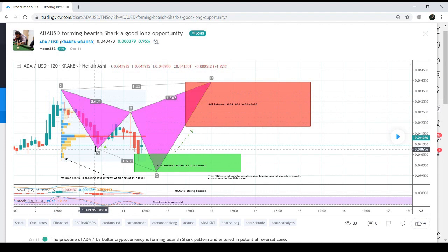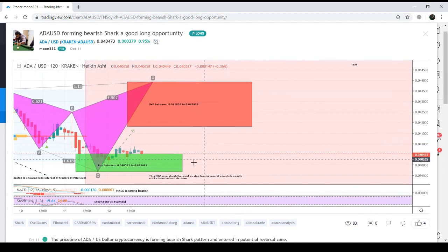After initial leg, the A to B leg was retraced between 0.382 to 0.618 Fibonacci, and B to C leg was retraced between 1.13 up to 1.618 Fibonacci. Now I'm just playing this idea. Now we can see the price action has completely entered in the potential reversal zone. So this trade is also still in process and still active, and soon the price action will hit this sell zone.